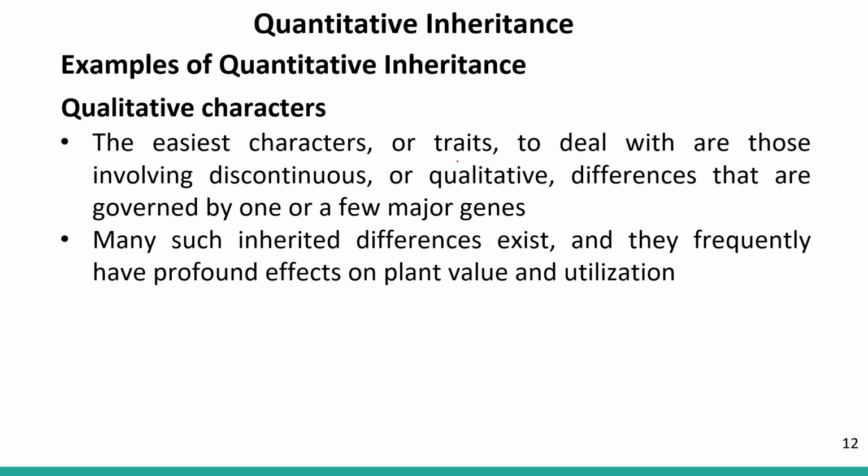The easiest characters or traits to deal with are those involving discontinuous or qualitative differences that are governed by one or a few major genes. So discontinuous, that is the qualitative inheritance. We have seen that qualitative inheritance involves discontinuous variation, right?